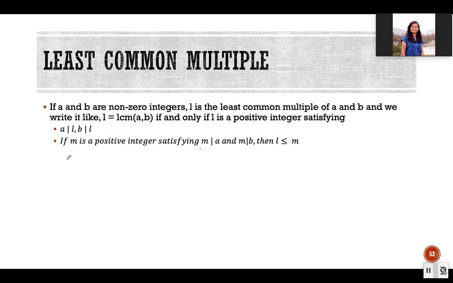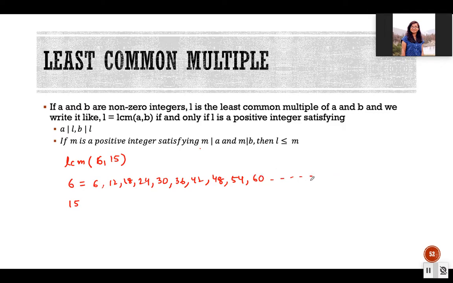So let me find the least common multiple of two numbers, say 6 and 15. First, for 6, let's find all the multiples. The multiples are 6, 12, 18, 24, 30, 36, 42, 48, 54, 60.